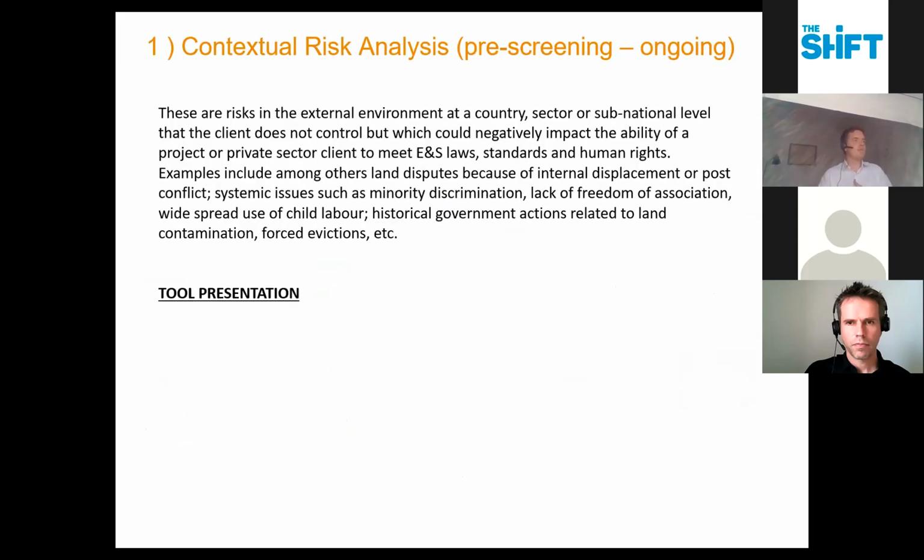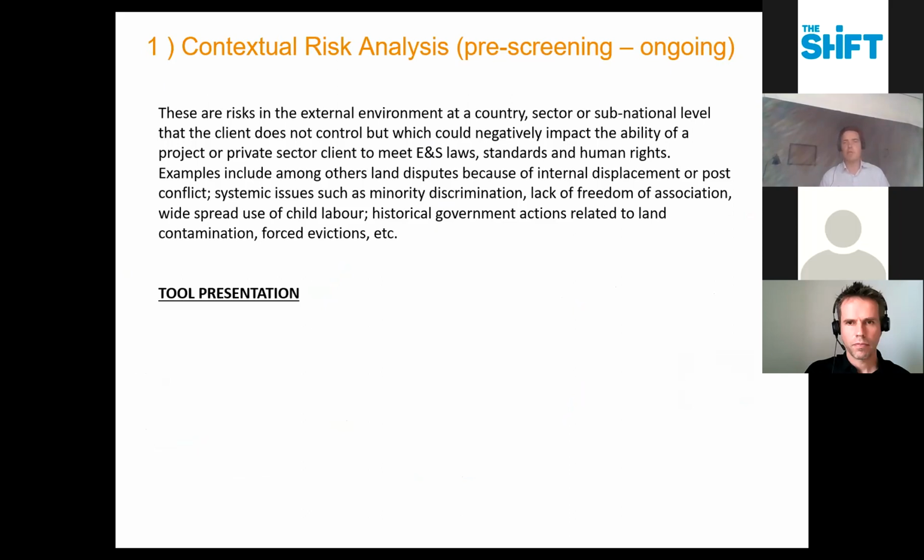In terms of early risk assessments, we perform what we call a contextual risk analysis. What is it? We look at the country context, the sector context, and the project context, and any E&S risk related to that, and how the context can interfere with the project's ability to achieve its E&S compliance or performance.